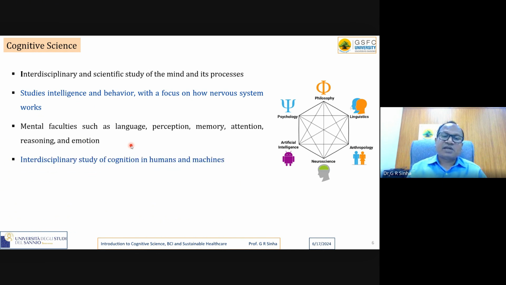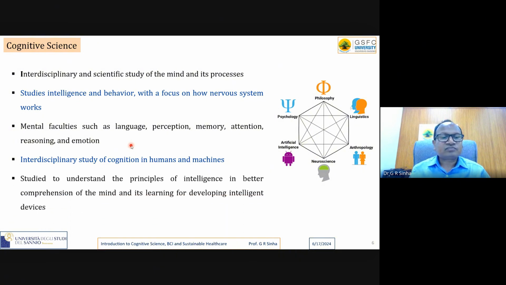So it's an interdisciplinary study of cognition in humans as well as machines. Cognitive science is studied to understand the principles of intelligence and to better comprehend the mind. The main idea is to understand the mind in a better, more proper, systematic, structured, scientific way, so that it helps in developing intelligent devices. Why do we study the mind?